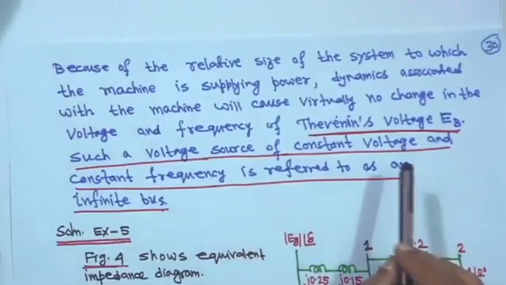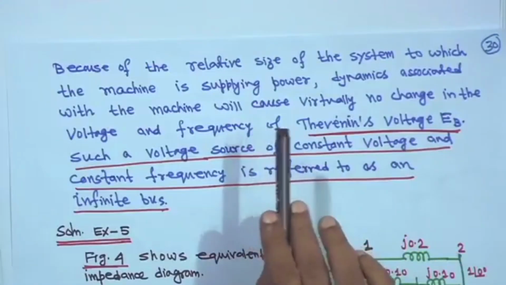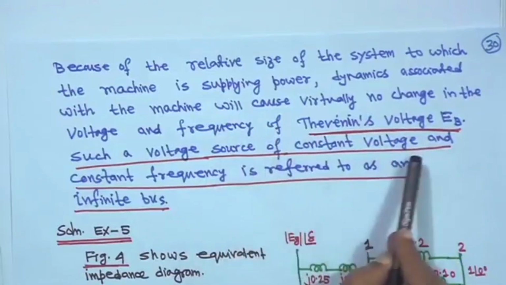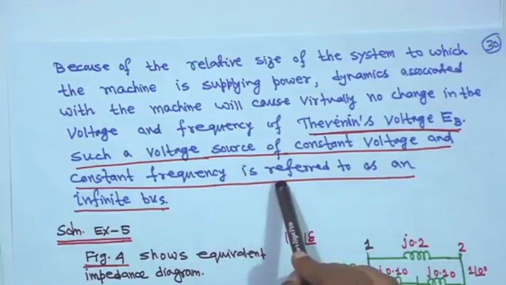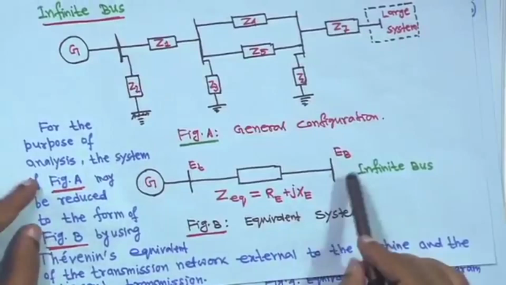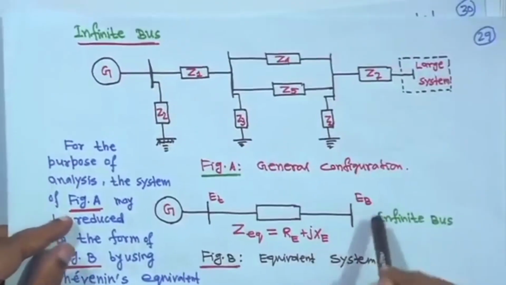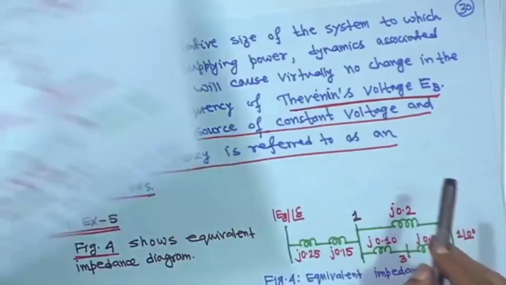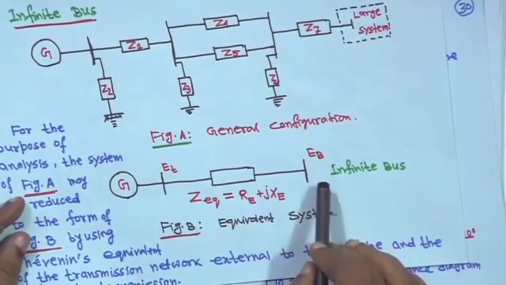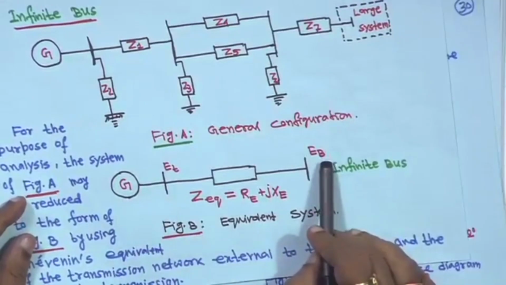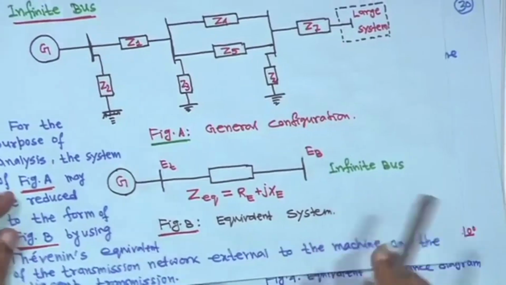That is why such a Thevenin voltage source of constant voltage and constant frequency is referred to as an infinite bus. Basically, it is a Thevenin voltage E b, and the system is so large that its dynamics cannot affect this voltage magnitude and its angle. So, that is the definition of the infinite bus.